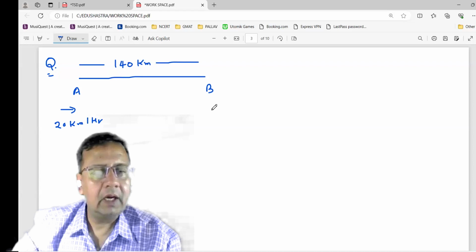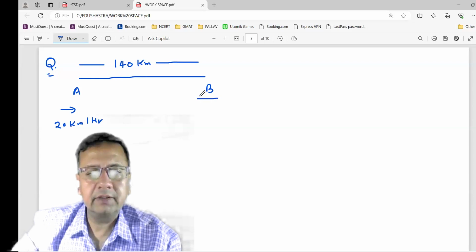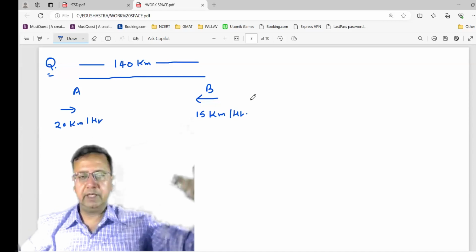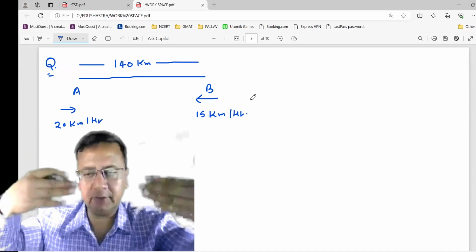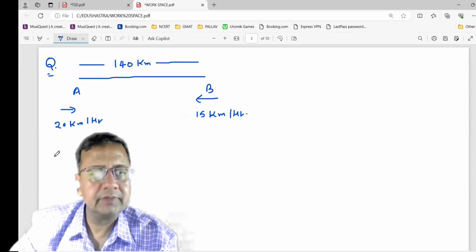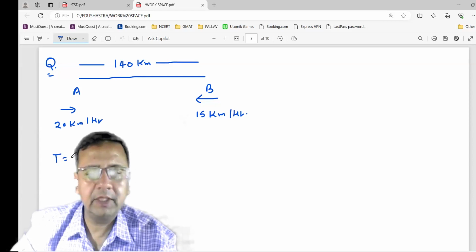And person B is going to A with a speed of 15 kilometer per hour. Head to head. So can you tell me when will they meet? After what time will they meet?